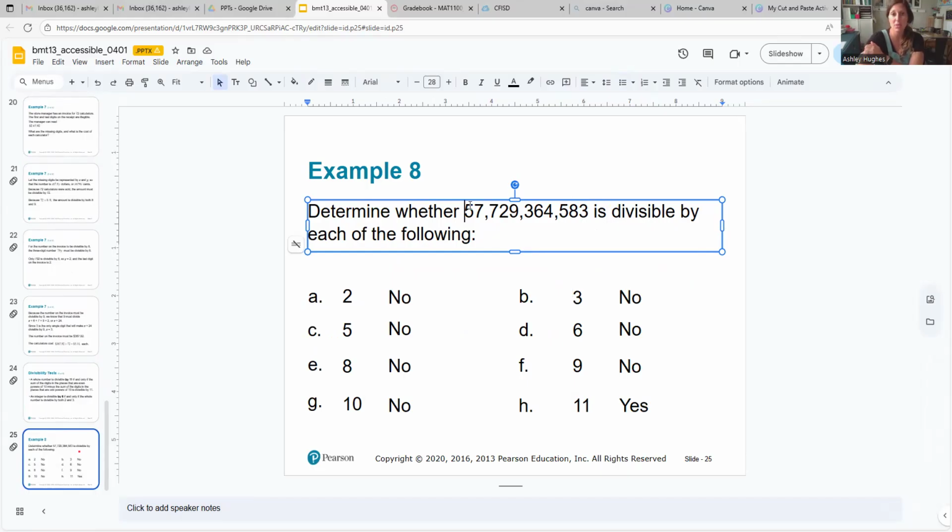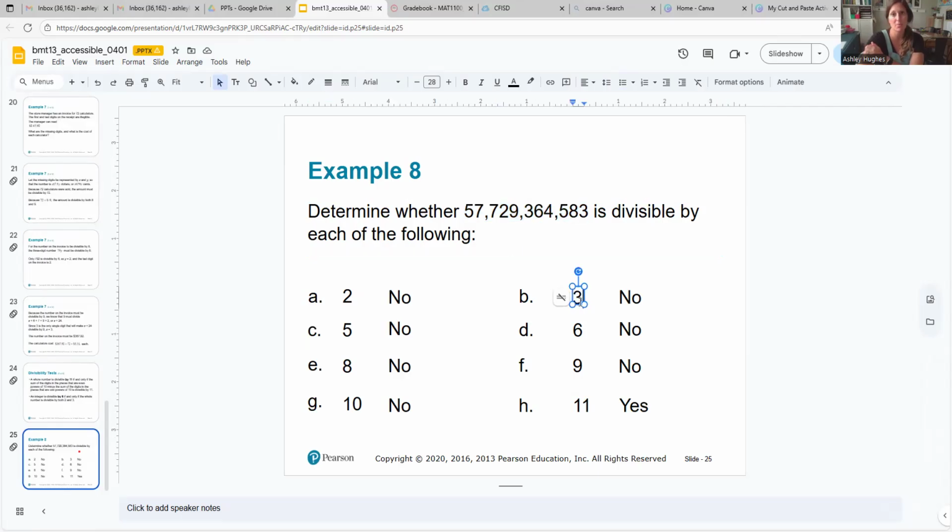To determine if it would be 3, you would add 5 and 7 is 12, 19, 21, 30, 33, 39, 43, 48, 56, 59. 59 is not divisible by 3. So it's not divisible by 2 or 3, so it's not divisible by 6. And 59 is also not divisible by 9.